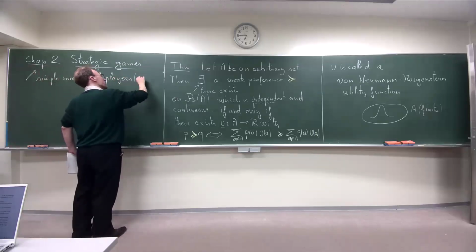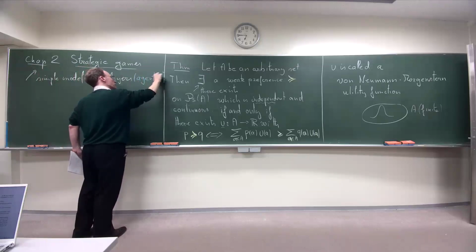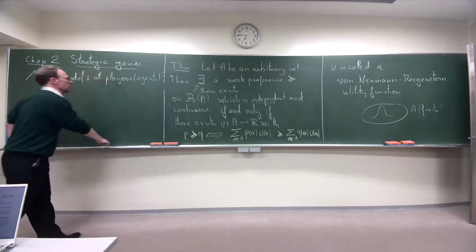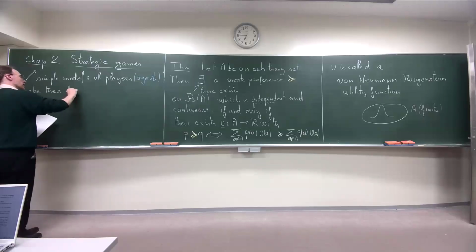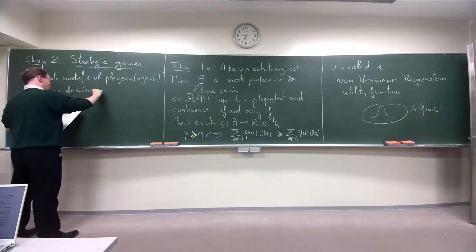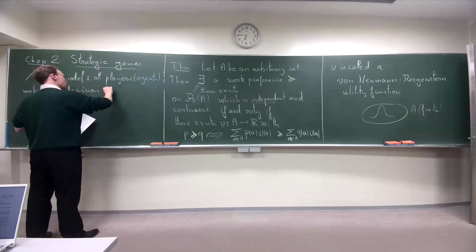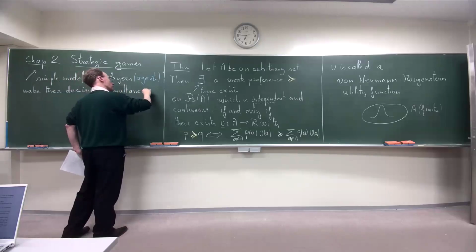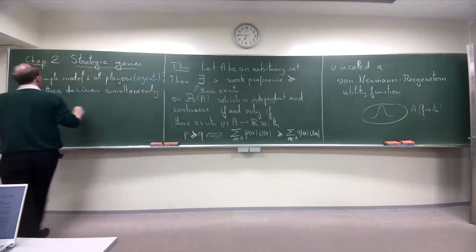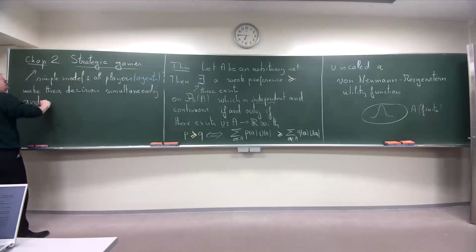It's also sometimes just one person, and I will call it an agent. So one agent or one player makes their decision. The point is that they make their decision simultaneously and independently.